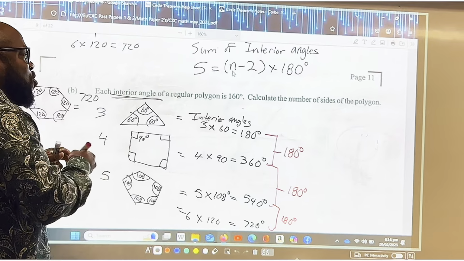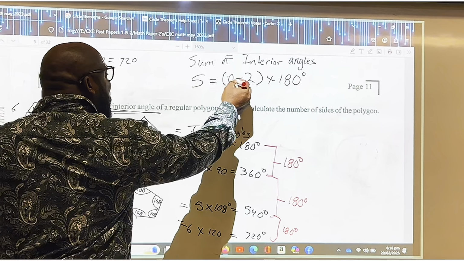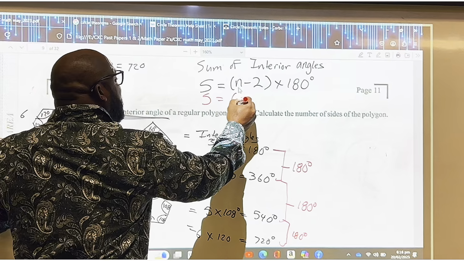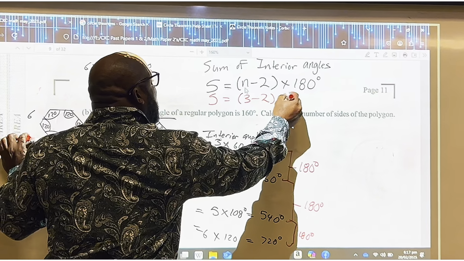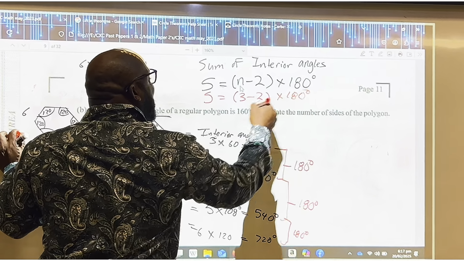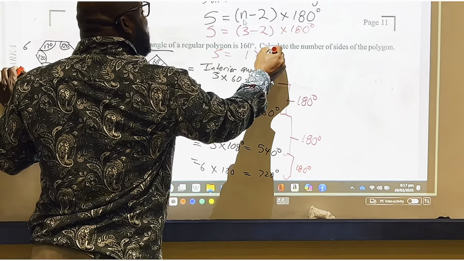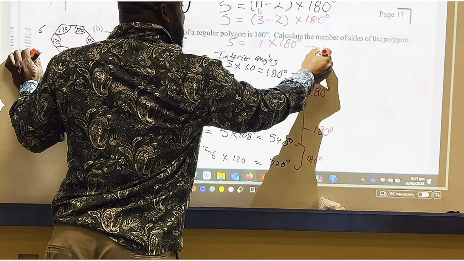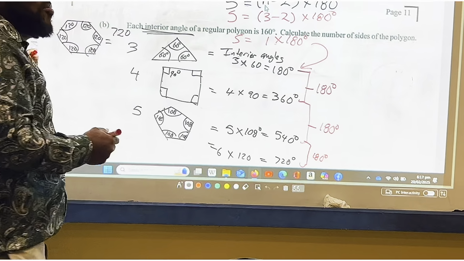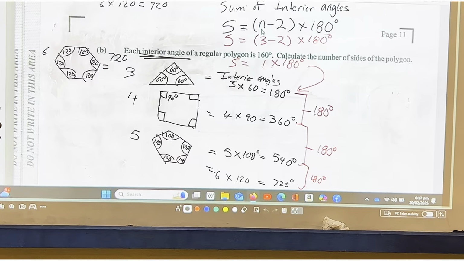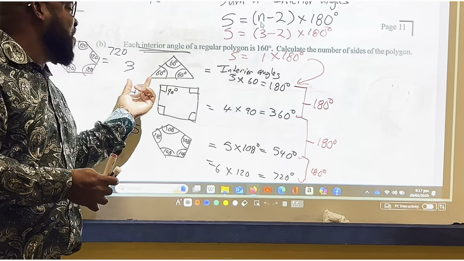So think about it then. Let's substitute. Let's say we put 3 here. 3 minus 2 times 180. 3 minus 2 is what? 1. So 1 times 180, 180. But see that now? So I can find the sum of the angles for a triangle.